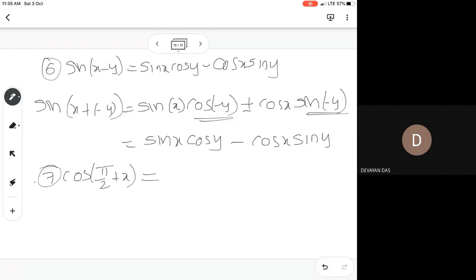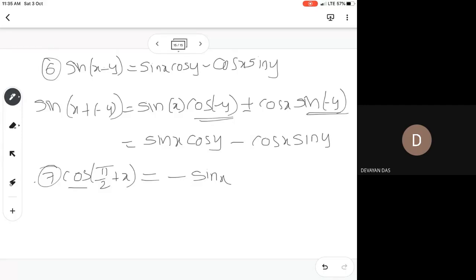In the second quadrant, sin is only positive, cos is negative, so you are going to get negative. And since it is pi by 2, cos changes to sin, sin changes to cos. So the result is minus sin x. Like this you can blindly remember it, but you can also prove it. How can we prove it?